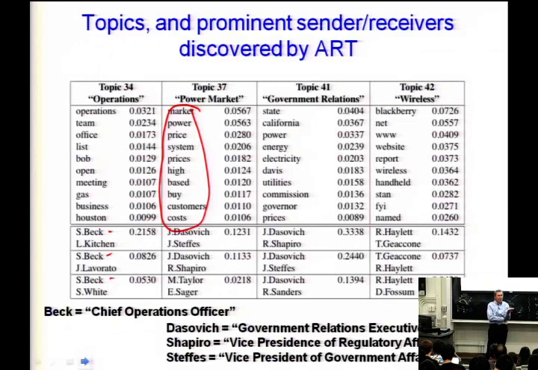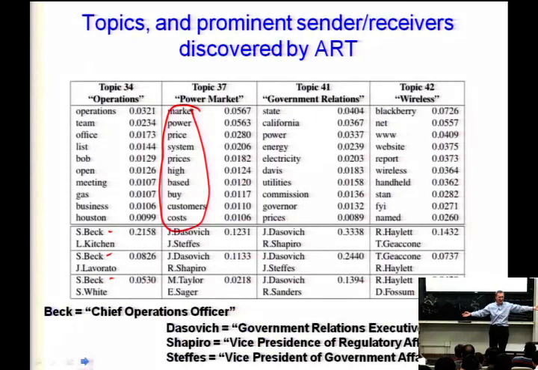And again, imagine you're the Justice Department. You have 250,000 emails you just subpoenaed, and you don't really have time to read 250,000 emails, and if you did, you wouldn't know how to organize them.